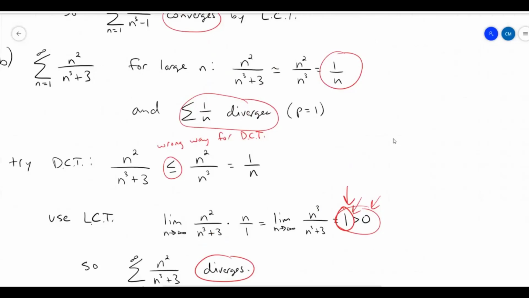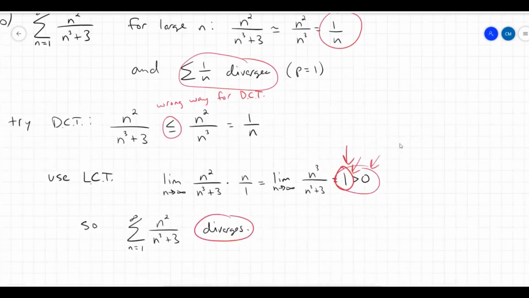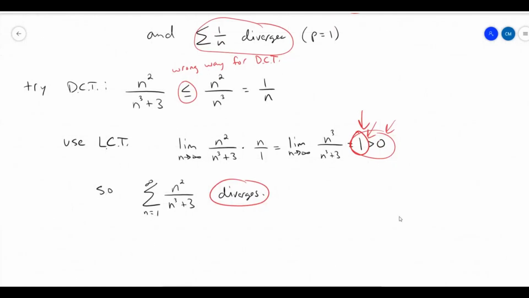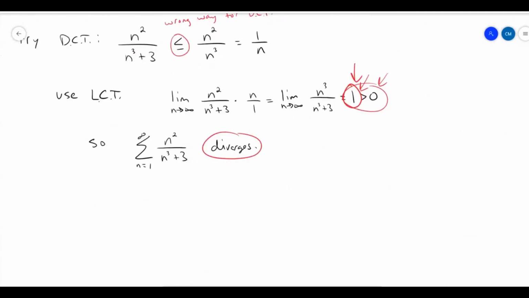It's not telling you anything about whether the series converges or not, okay? So if you get 0 or you get infinity, it just means the test fails and it is inconclusive. The series could go either way in that case. And again, probably the reason for that is that you chose the wrong series to compare it to. It's also possible that this test is just not going to work at all and you have to use a different test, okay?